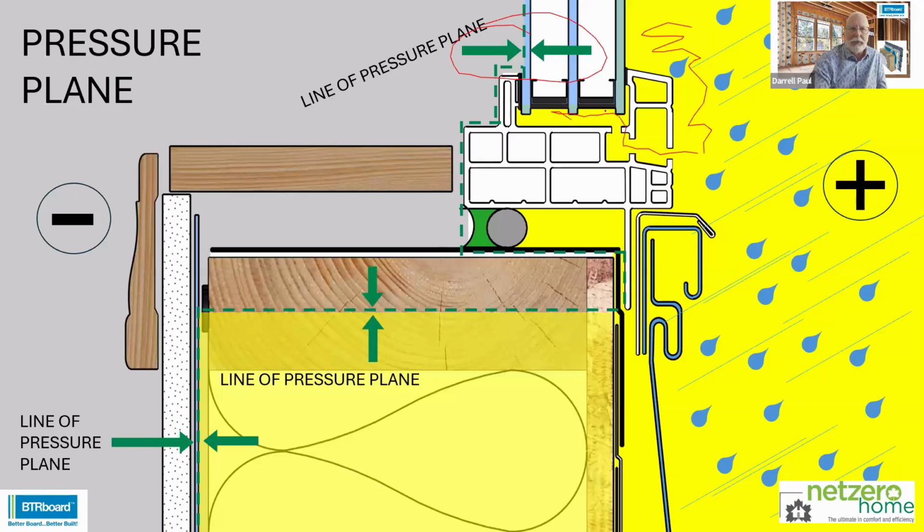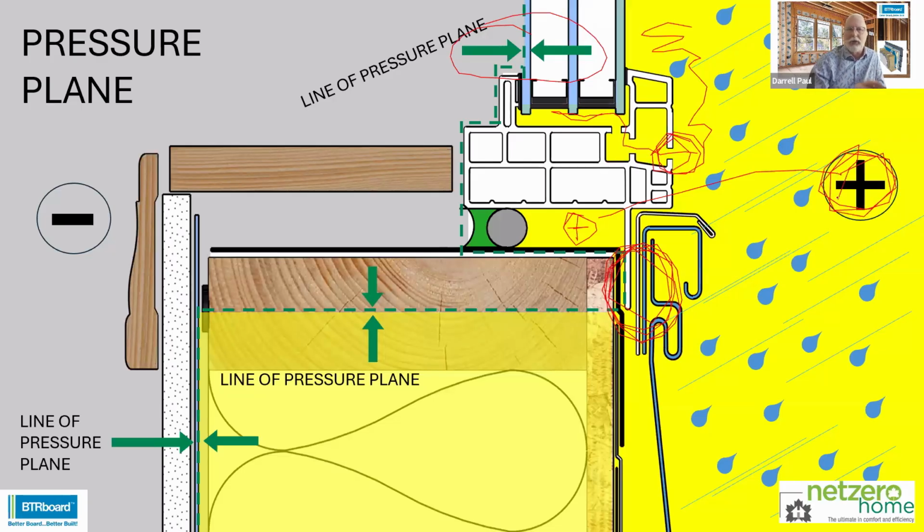It equalizes up in here because once it's full of air, no more air comes in, which means there's no pressure change right here at these openings. And there's no pressure change right here where these flanges meet. So whether it's a flange window or a box window, a non-flange window, doesn't matter.